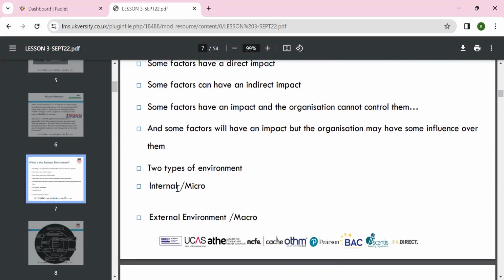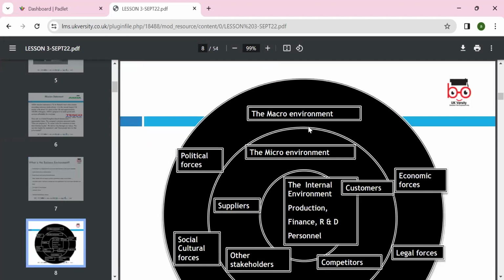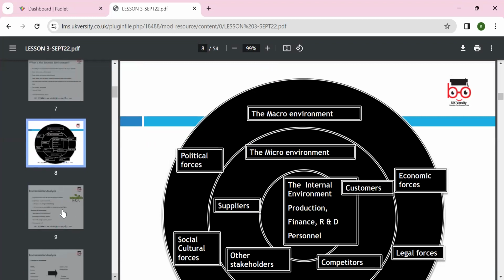We have the internal environment, which we can control, within the company. External is outside, uncontrollable. That's the micro level. Micro is small level, and macro is external, big level. We can look at the macro environment and the different stakeholders, and how the macro level environment impacts them.